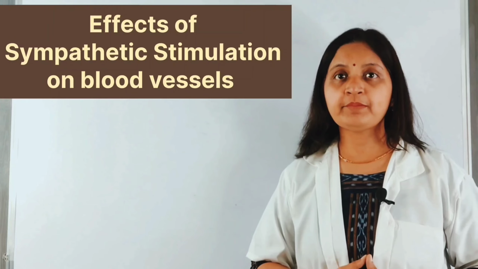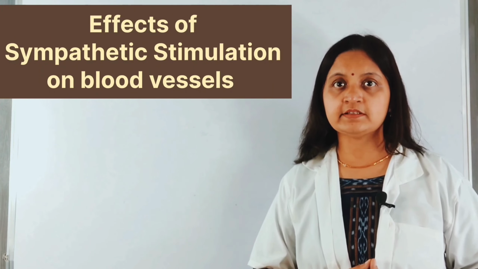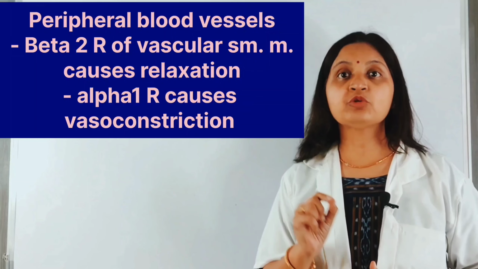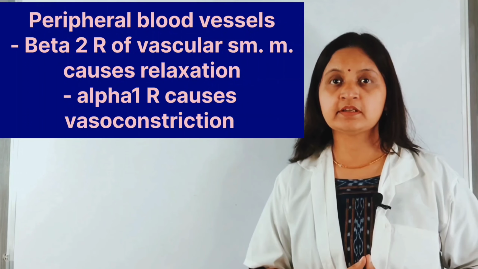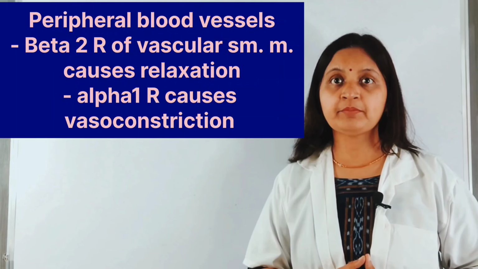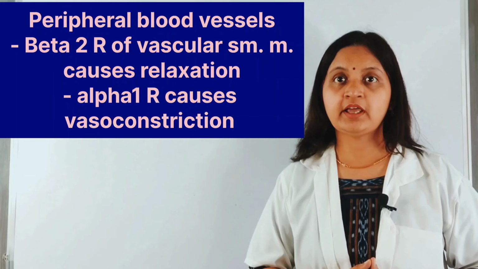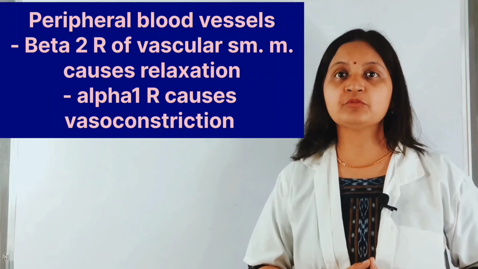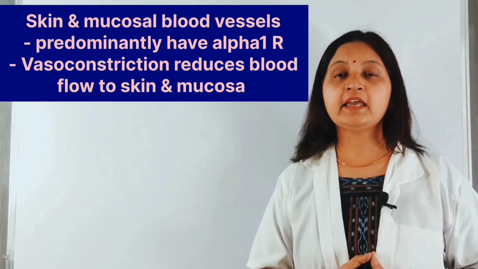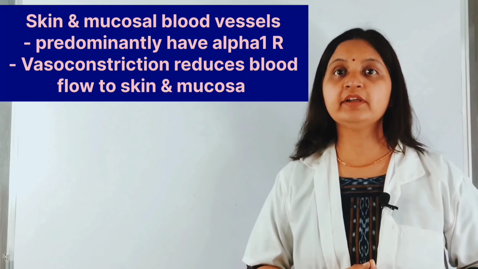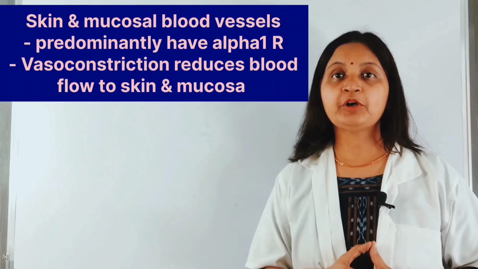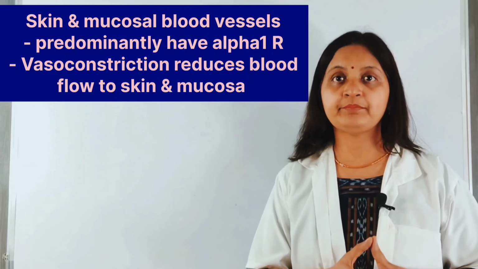The effects of sympathetic stimulation on blood vessels. The vascular smooth muscle tone is governed by beta-2 and alpha-1 receptors. Stimulation of beta-2 receptor promotes vasodilatation and alpha-1 receptor stimulation causes increase in arterial resistance. However, skin, mucosal, splanchnic and venous blood vessels have predominantly alpha-1 receptors.